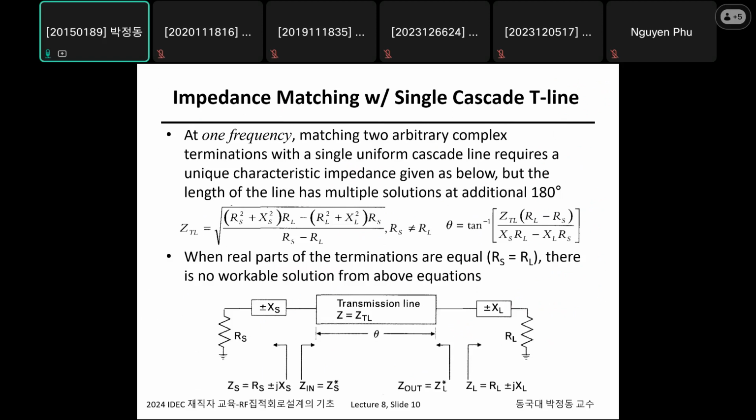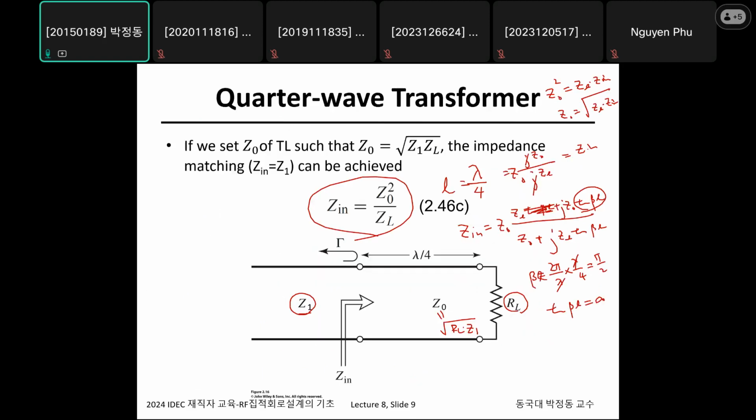And sometimes we call this an impedance inverter, right? Impedance inverter, because this load is inverted. For example, if this is let's say capacitive, the input impedance is seen to be inductive. If this load is inductive, the input impedance is seen to be capacitive by using this quarter wave transform.